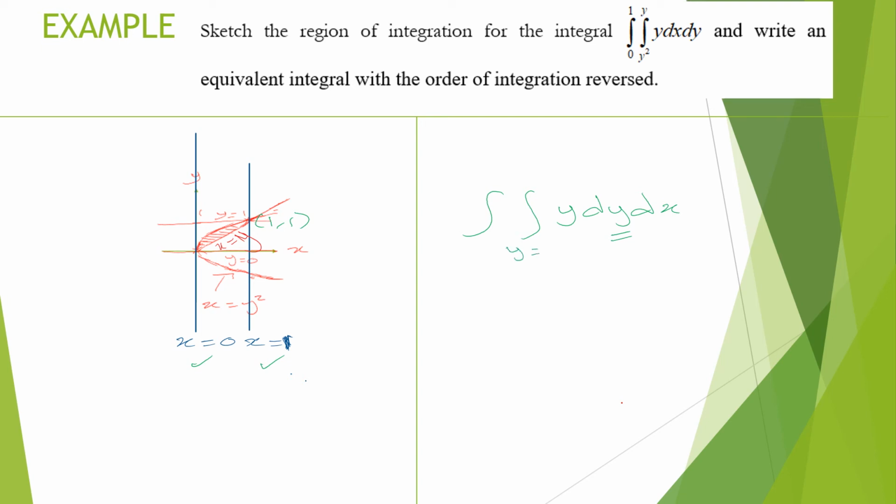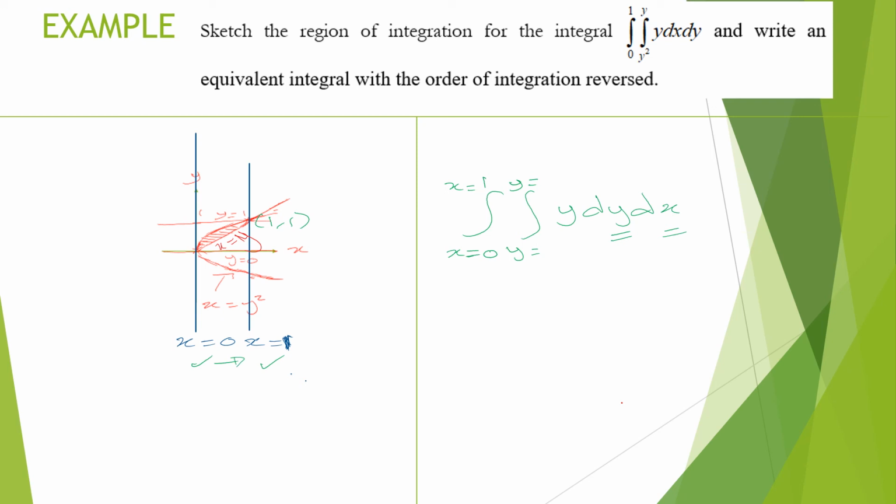And then we have x here, the outer integral will be x equals what to x equals what. We get x from the parallel blue lines, which is x equals 0 to x equals 1, from the smaller value to the greater value, in that direction.